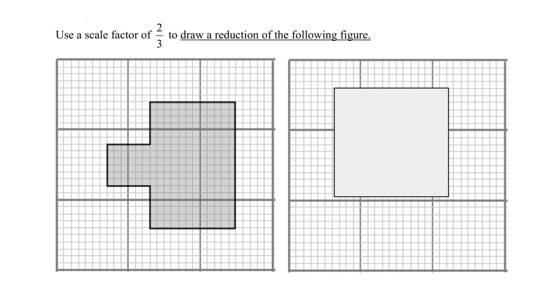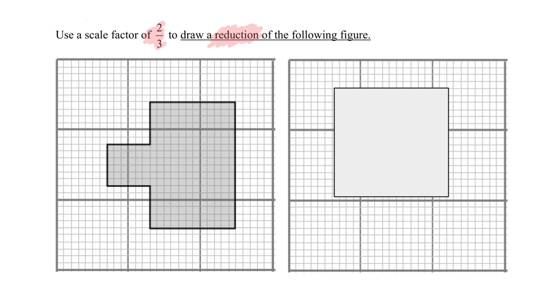Hello everyone, welcome to this example where, first thing, we need to see what the scale factor is. 2/3 tells me that it is a reduction. Sometimes they don't say that it is a reduction. This means that all we have to do is make sure that all the lengths are reduced by 2/3.